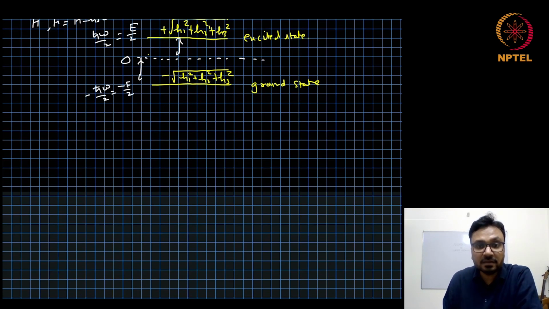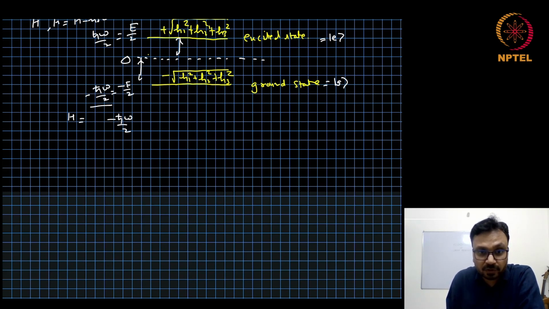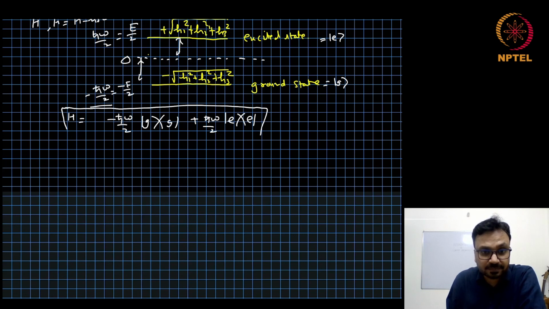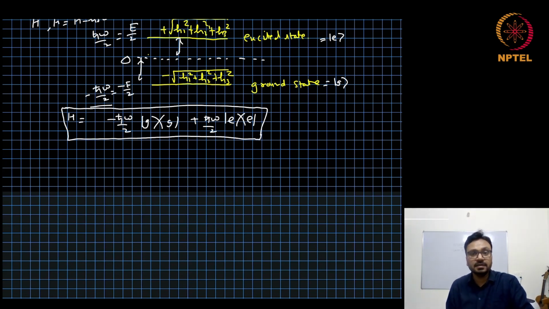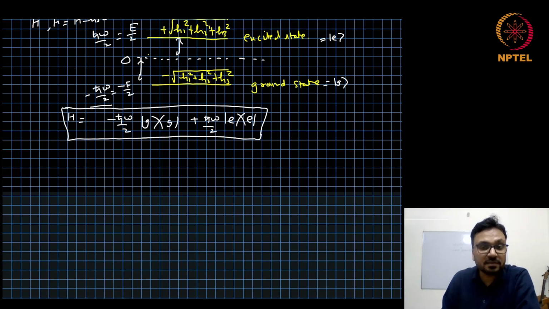And we can represent the excited state with e and the ground state with g. Then the Hamiltonian becomes minus h bar omega over 2 |g><g| plus h bar omega over 2 |e><e|. This becomes the canonical form of a Hamiltonian for a two-level system, where g and e are the eigenstates and h bar omega is the energy separation between g and e.